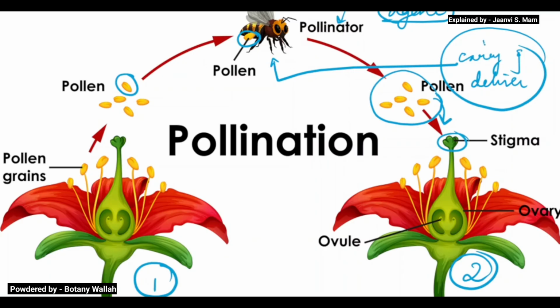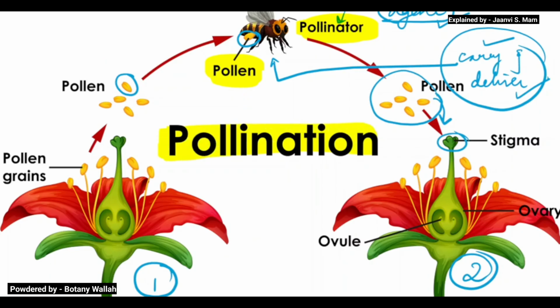That person who carries and delivers the thing is known as an agent. In a fashionable language, we say it as pollinator. It carries pollen and the process is known as pollination.